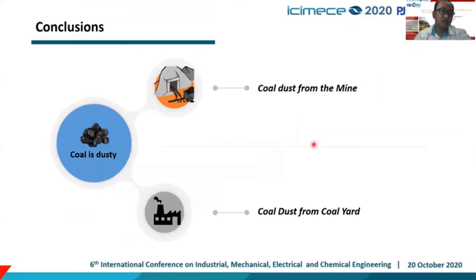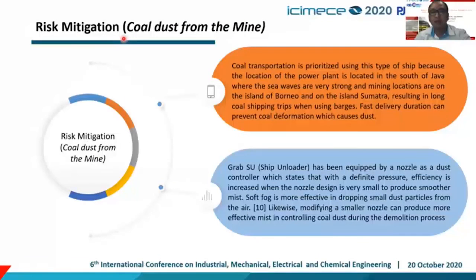So the conclusion: coal dust can come from the mine and from the coal yard. For risk mitigation of coal dust, coal transportation is prioritized using bulk type ships, because the power plant is located in the south of Java, where the sea waves are very strong, and the mining locations are on the island of Borneo and the island of Sumatra, resulting in long coal shipping trips.